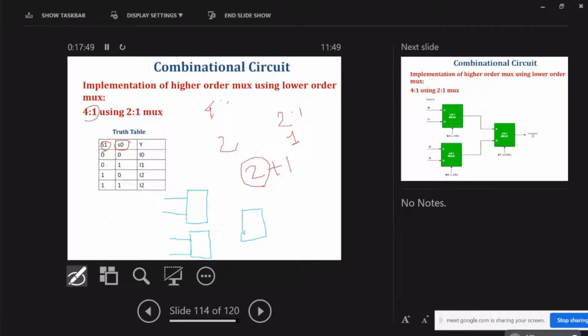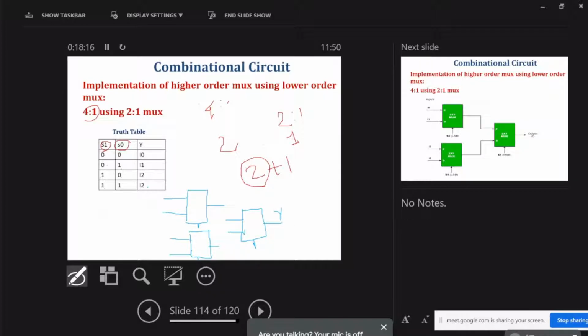We'll give them the input, and we know that any mux of any order will produce only one output. So here this one. And one more thing is that a 2 cross 1 mux will have only one selection line. So we'll give them selection lines.